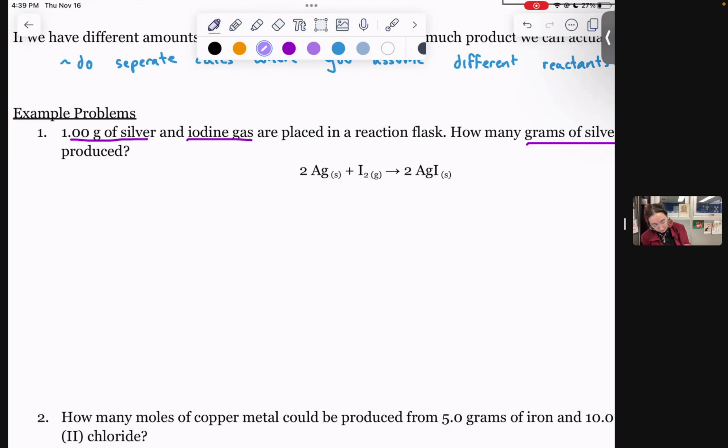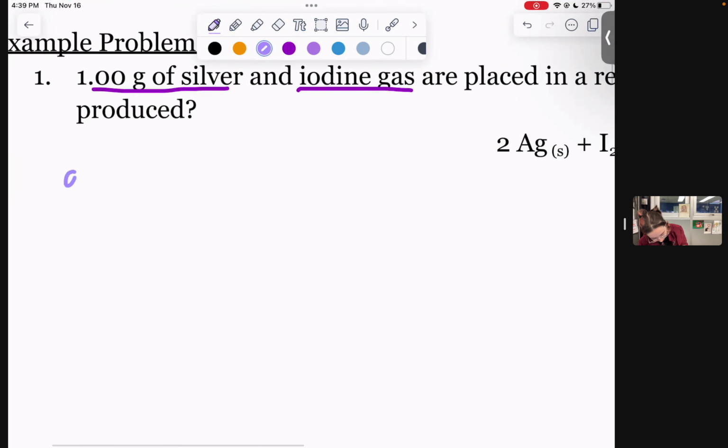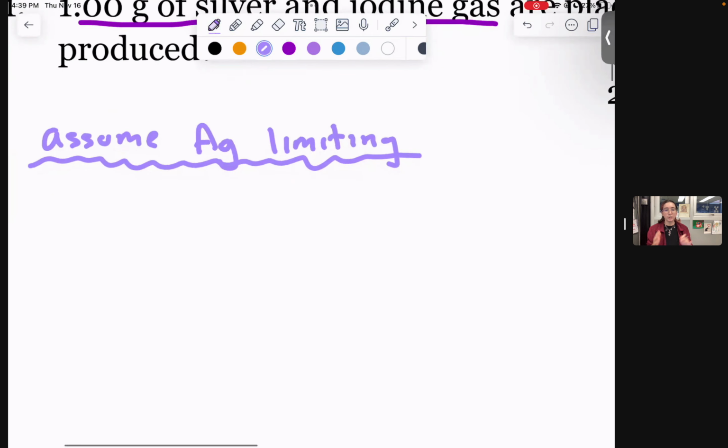So I'm going to first assume silver is limiting. What I mean by that is we're just going to do the problems like all the stoichiometry problems I've shown in class, CP level.